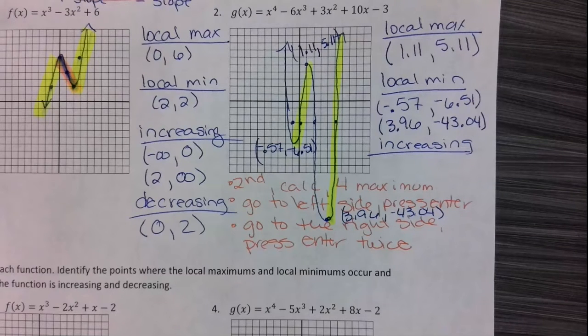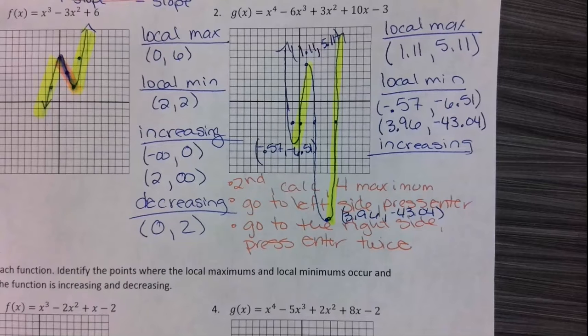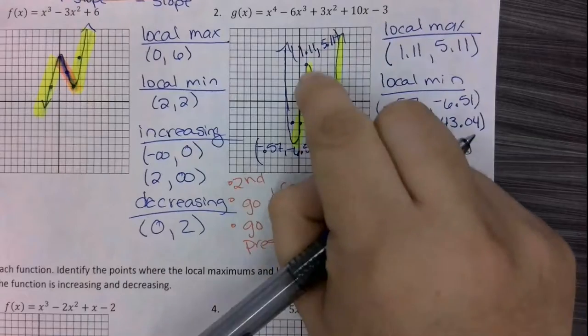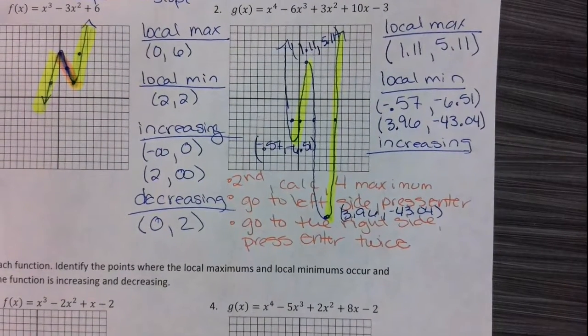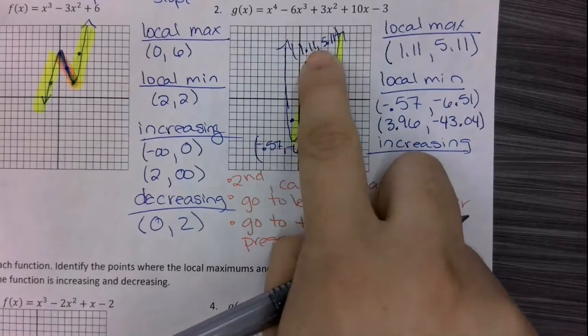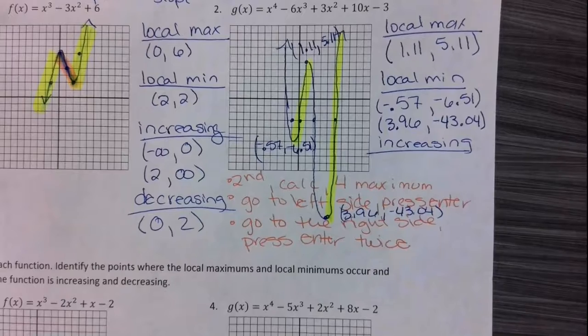So where is it increasing between what x values? If I take a look at this yellow line, what are the x values in between? 0 and 1. Okay. I labeled these with precise points. What are the x values of the precise points?